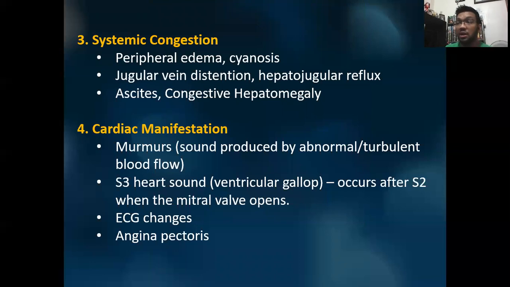Systemic congestion, like I said earlier, peripheral edema or cyanosis can also be present. Jugular vein distension, hepatojugular reflux is also present. I've also mentioned ascites earlier and congestive hepatomegaly.